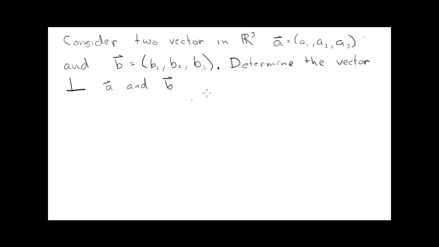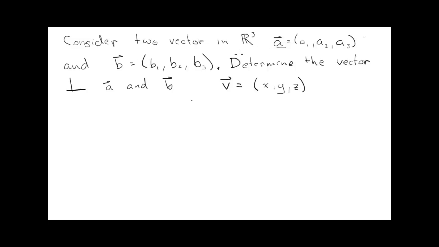Well, remember we've done a question like this, right? With dot product, we said if you have two vectors, A and B in R3, and you want to determine a vector perpendicular to both. Let V be the vector perpendicular to both. So the components of V will be X, Y, Z. Now what's going to be true about A, B, and V?